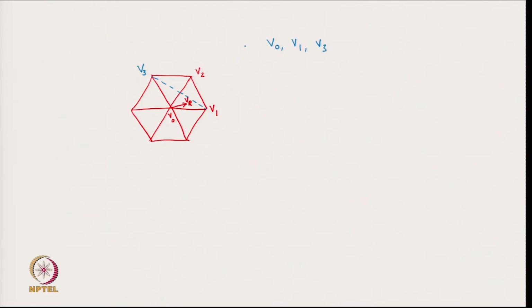So, this is the second option. The first option was switching V0, V1 and V2, and the second option is switching V0, V1 and V3. Now, which one will we choose, because both these are actually enclosing the reference vector Vr?